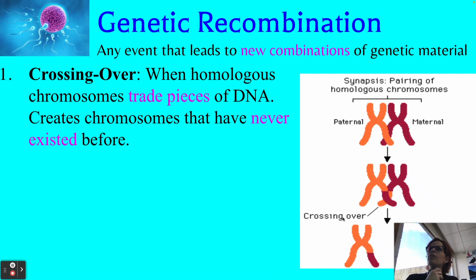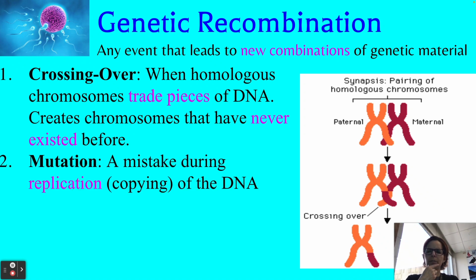Okay, and then just understanding what genetic recombination is. We're going to use that word a few times. Crossing over is an example of genetic recombination. We have a new combination of the DNA, of the genetic material. Mutations also increase what we call genetic recombination. We get a mistake during the S phase, and the DNA now is different.